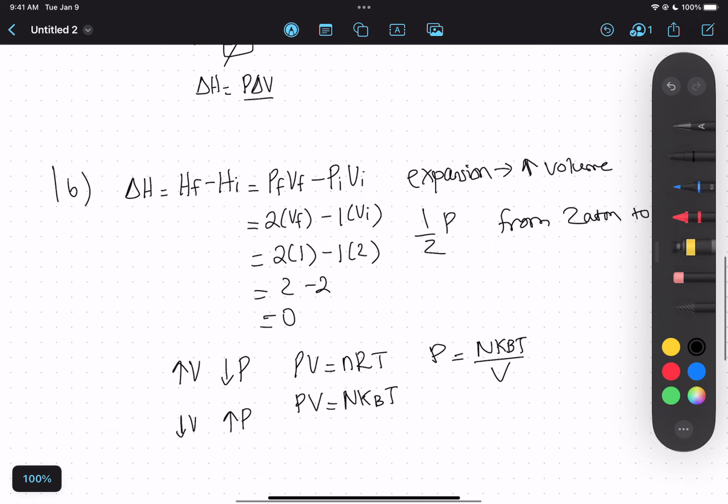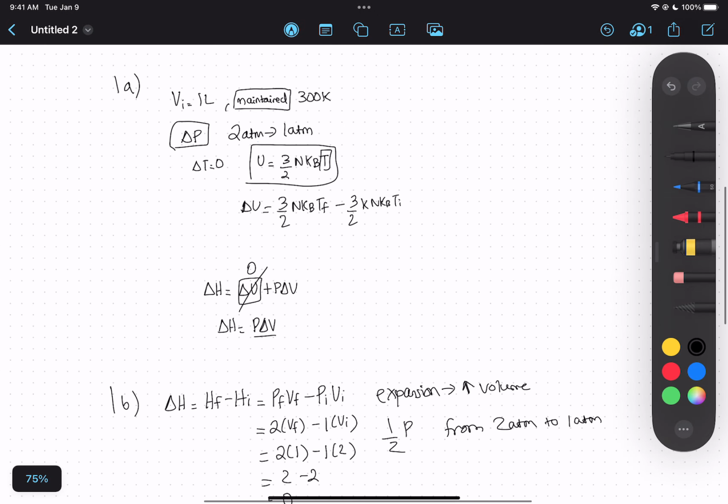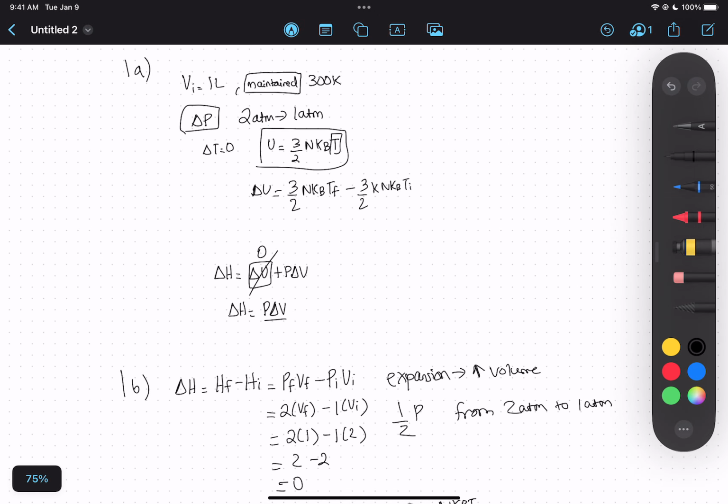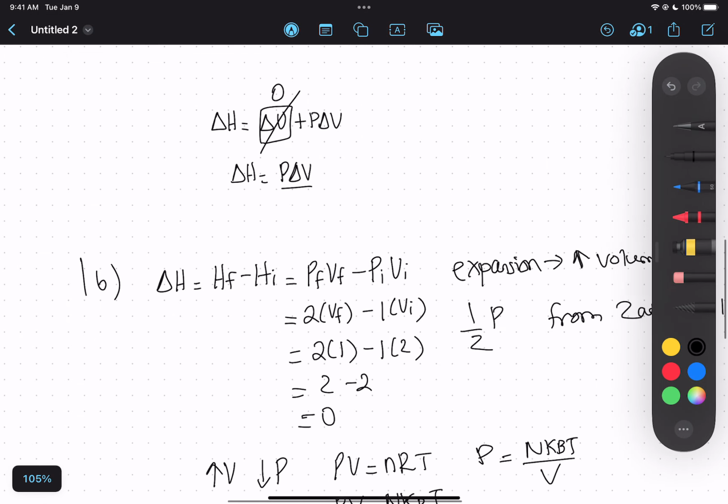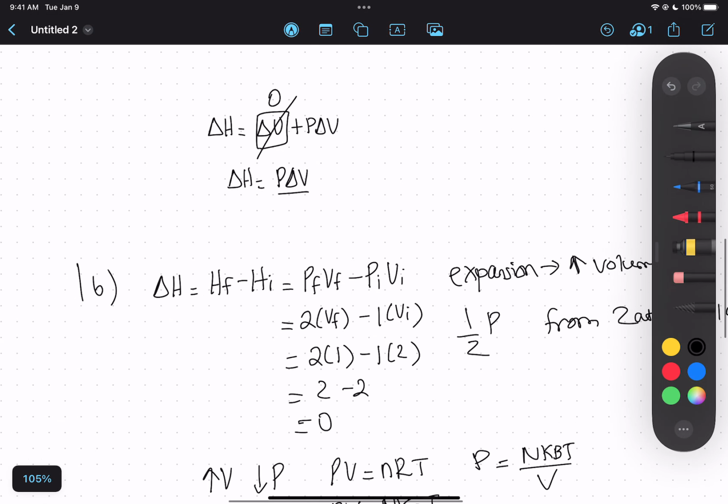And so based on our answer from part A, the fact that it's an isothermal process, we should see no change in the internal energy, 0. Then in the equation delta H equals delta U plus P delta V, delta U becomes 0.